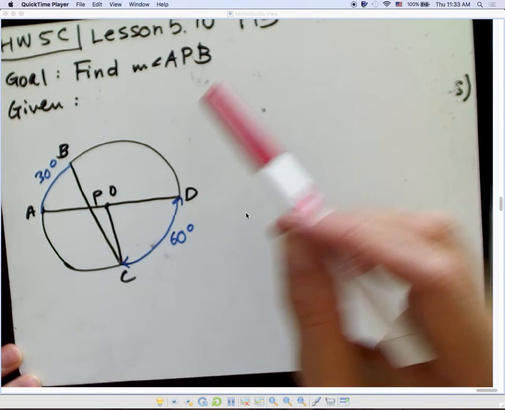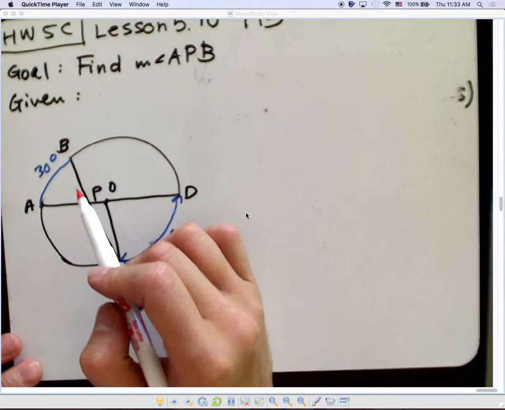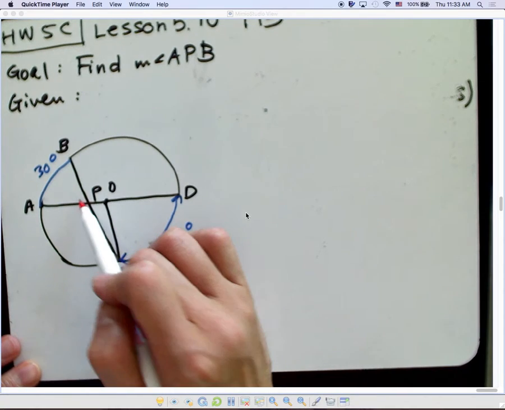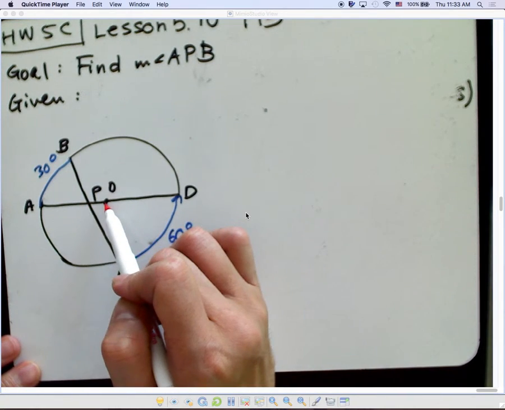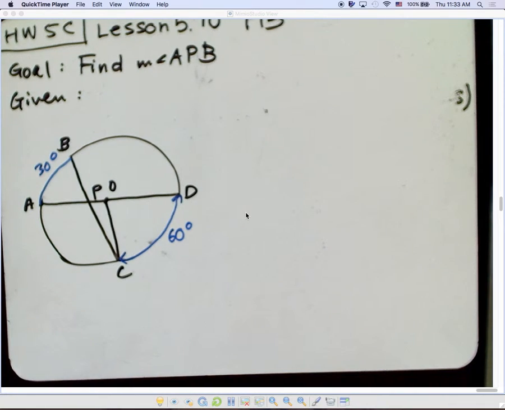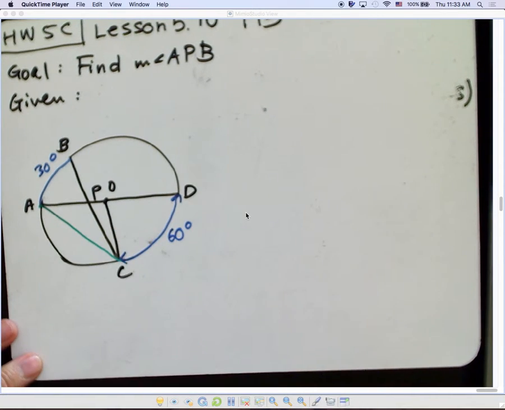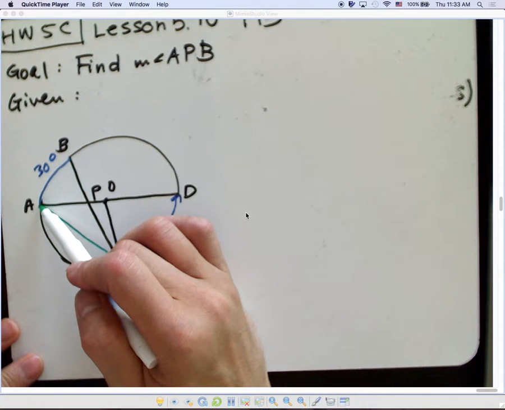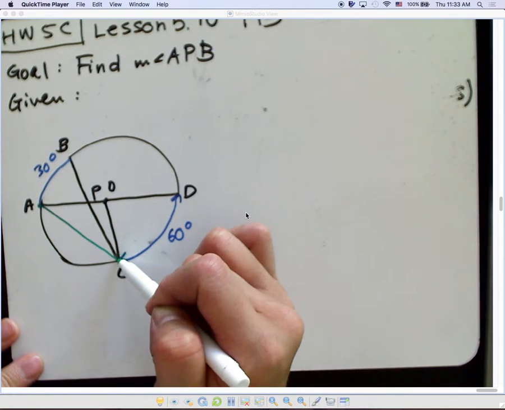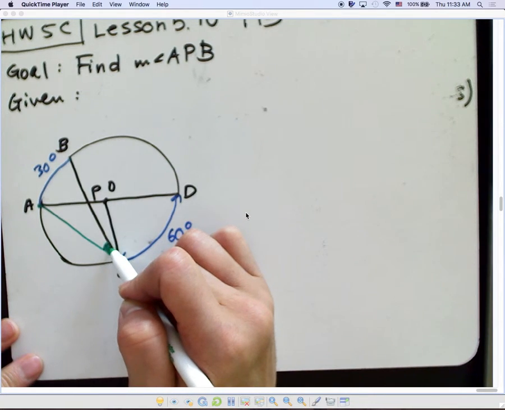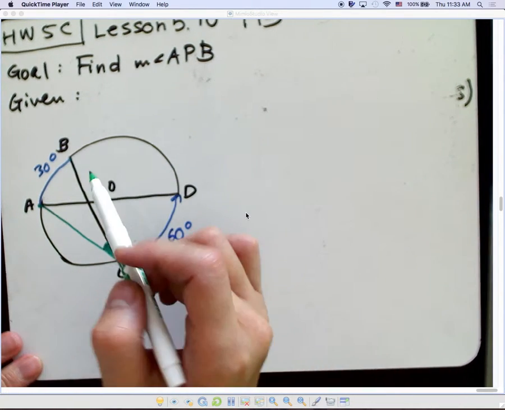Don't get confused: angle APB is not a central angle because the intersection is not on the center. So be careful with that. The key here is to draw chord AC like this.